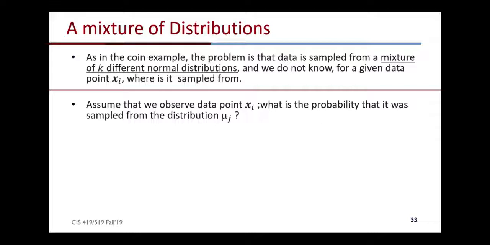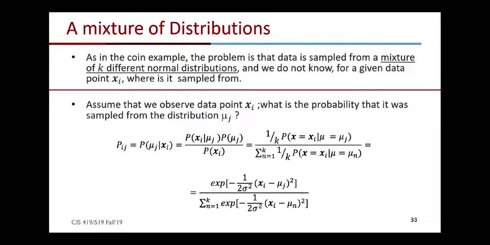So the first question we're asking is, assume that we observe a data point. What is the probability that it was sampled from mu j? This is equivalent to the P1i that we had before. Now we're going to call it Pij, the probability that it's mu j, given that we observe the point xi.